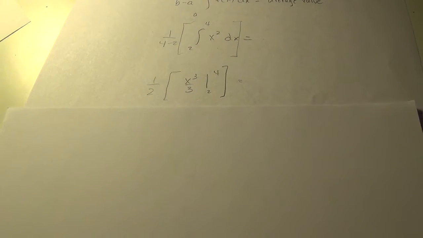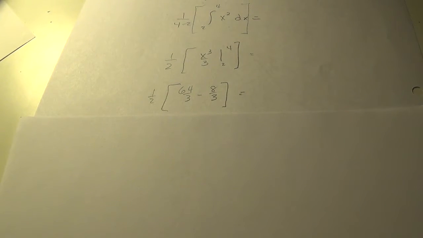There is my work as I stated. Now I put in the numbers, subtract, multiply by 1/2, and I got 56 over 6, which reduced to 28/3.